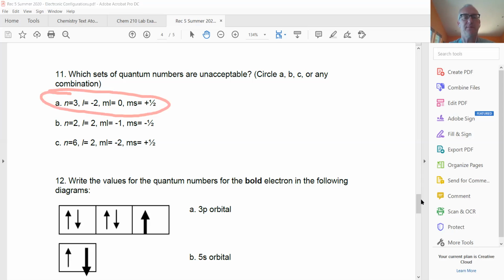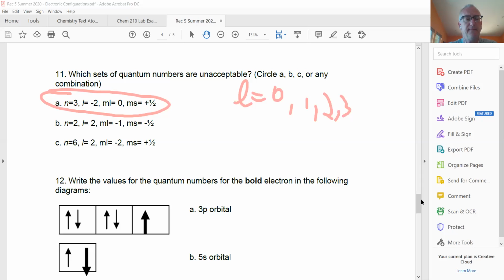You can't have that. So when n equals 3, L should be 2. Yeah, L can't be negative. L is either 0, 1, 2, or 3. It can't be negative. Negative only comes into orbitals or spin. The first two numbers can't be negative.